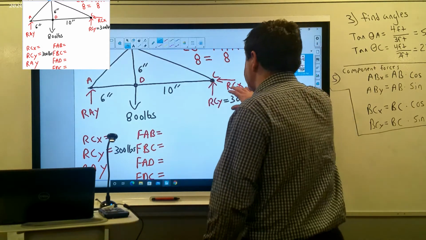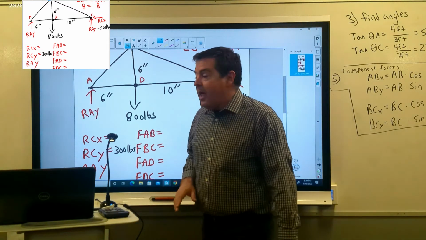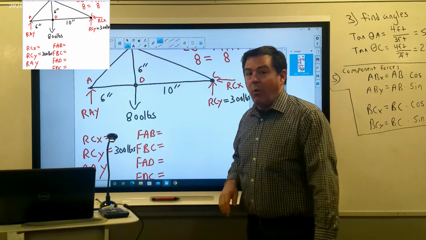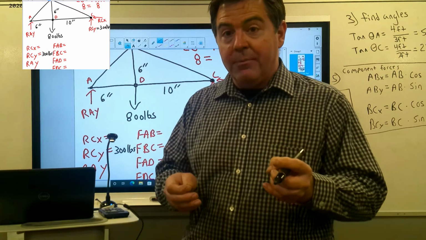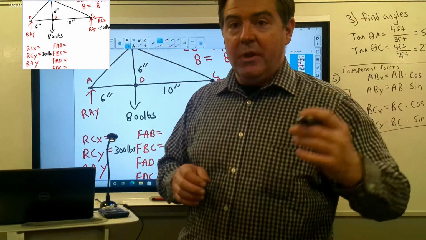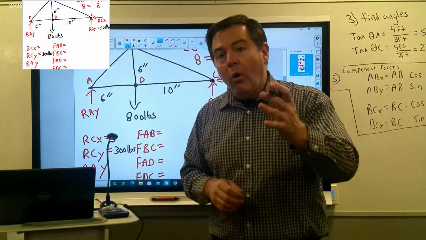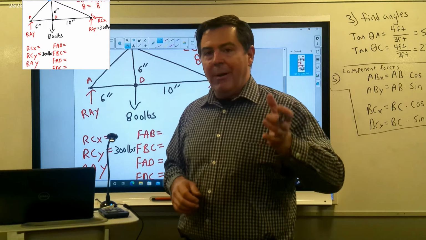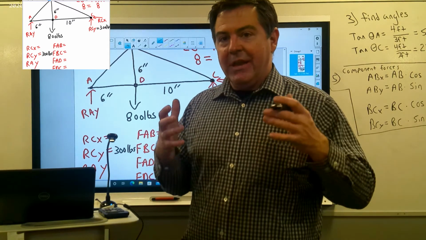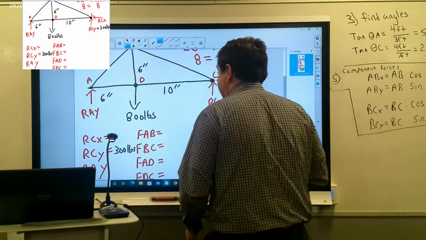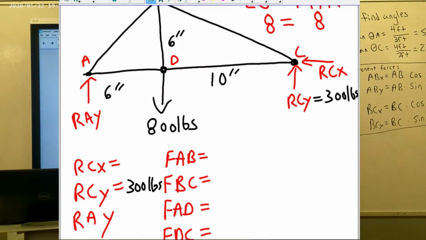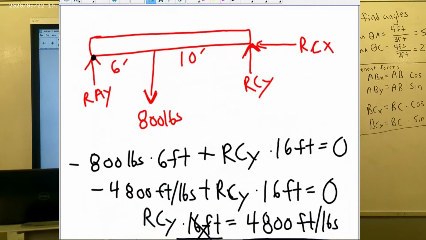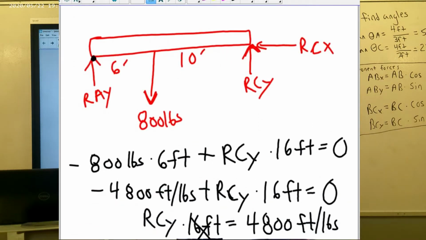Now, we could reverse this and go through this whole process again. We could make reaction force Cy, or point C, our pivot point, or our fulcrum, and do the moments equation again. Or we can use what we know about statics, which is that everything adds up to 0, and say, let's look at what forces we have in the y direction. So I'm going to scroll down a little bit here. And we have 3 forces in the y direction.